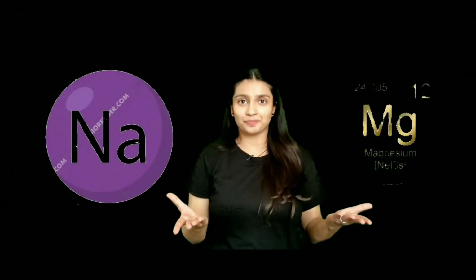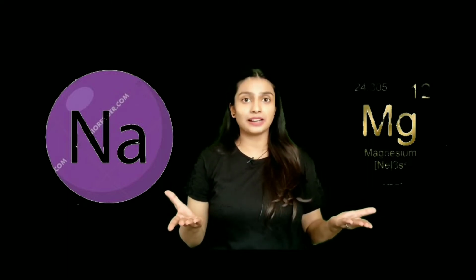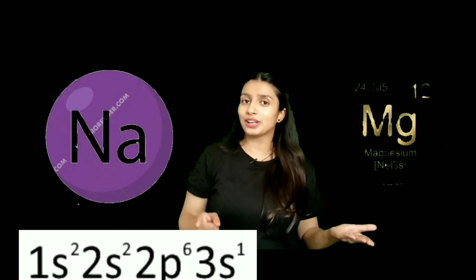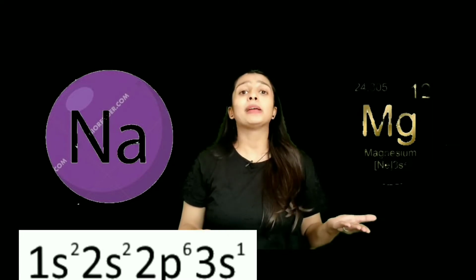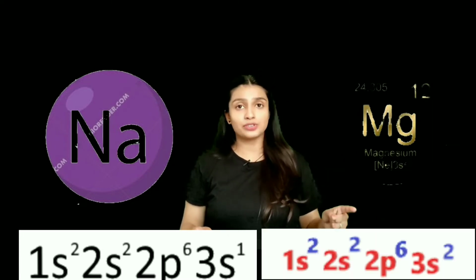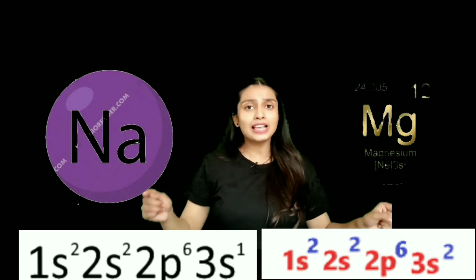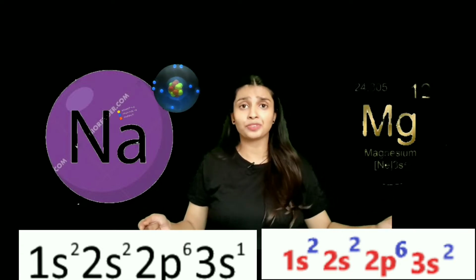Let's take an example of sodium metal and magnesium. If we look at the electronic configuration of sodium, that is 1s2, 2s2, 2p6 and 3s1. And if we are talking about the electronic configuration of magnesium, that is 1s2, 2s2, 2p6, 3s2. As you can see, there is 3s1 and here it is 3s2.